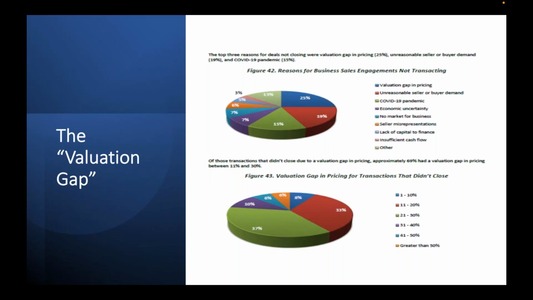They may sell eight of them or 6 of them. And when you ask why did they not sell, what happened, what was the problem? The number one issue was a valuation gap in pricing, which means that either the buyer thought the asking price was too high, or the seller thought that the offer value was too low.